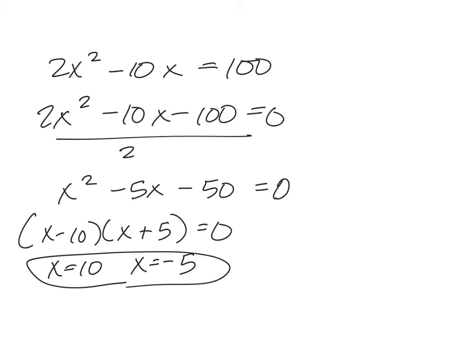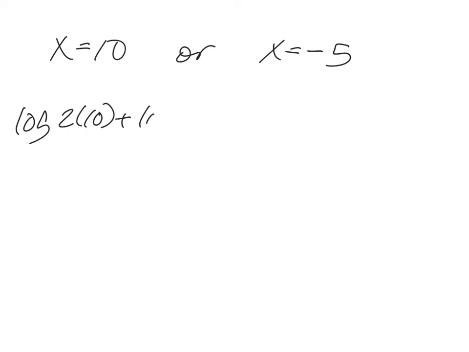Okay, these are my two possible solutions, but I need to check them. So x equals 10 or x equals negative 5. I'm going to substitute them in for the original equation. So we have log of 2x plus log of x minus 5 equals 2.